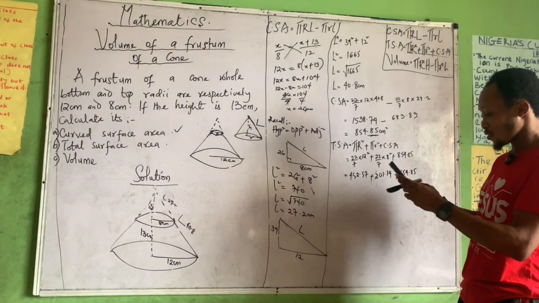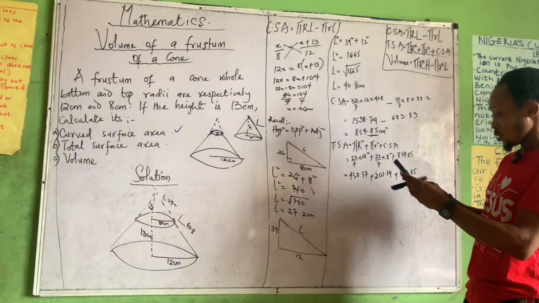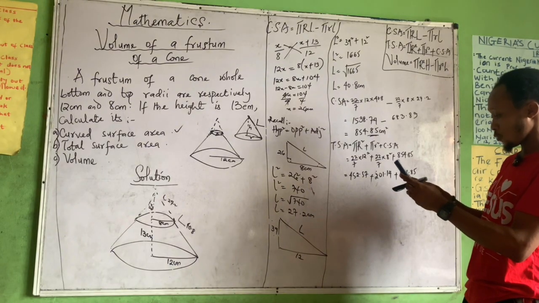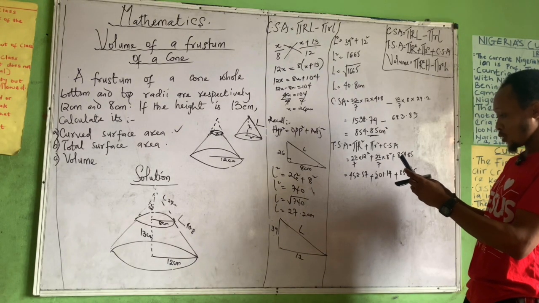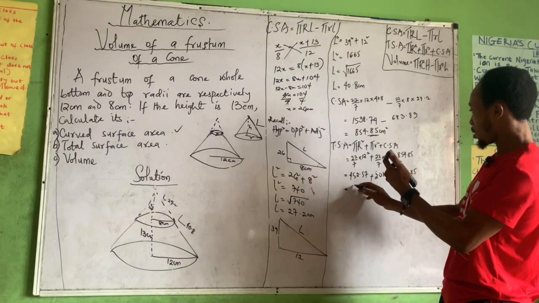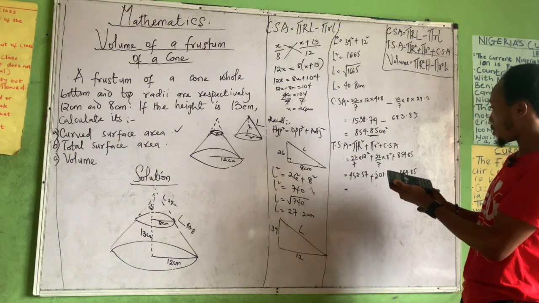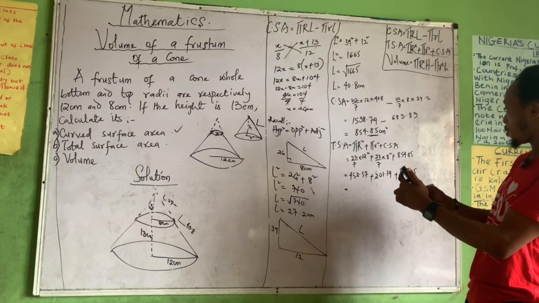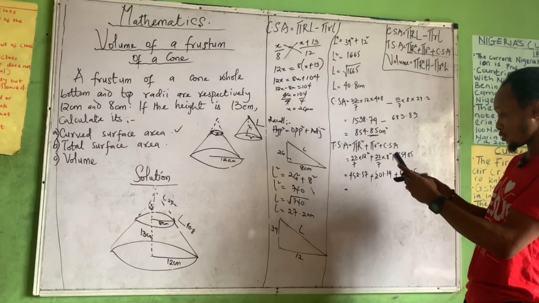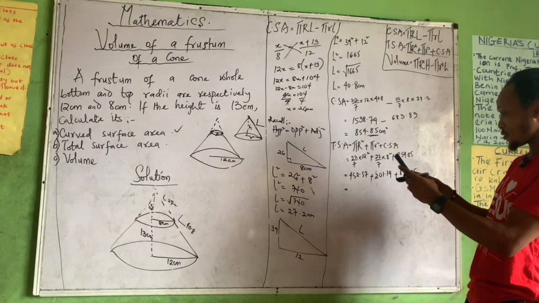So let me add everything together. 452.57 plus 201.14 plus 854.85.